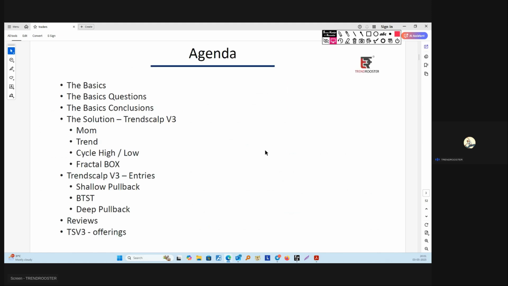Anyhow, this is going to be today's agenda. The basics: what is trend trading basics? Then the basic questions. When you start with the basics, you will have a lot of questions. Then we'll have basics conclusions and then the solutions, and we'll go through them one by one, then review, and then the offerings of TSV3.